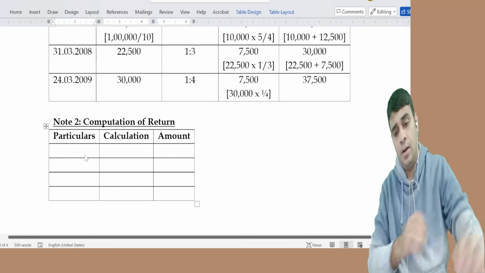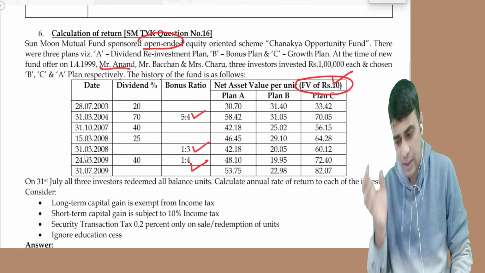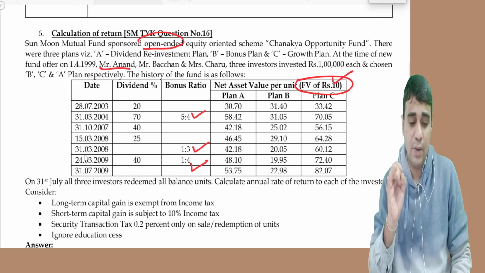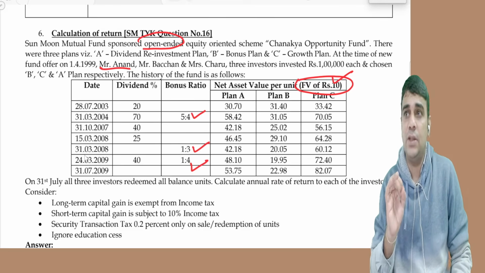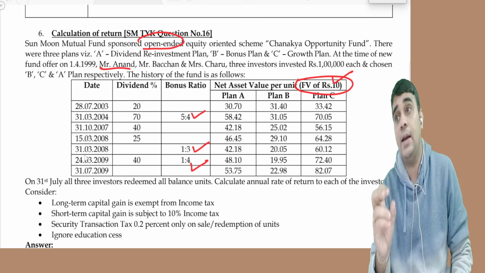Okay. Now for return calculation, formula is what I get back minus what I give. The problem is what I get back is not very simple. There is something on securities transaction tax. There is something on short-term capital gain. So you need to consider all that and then get what you get back.